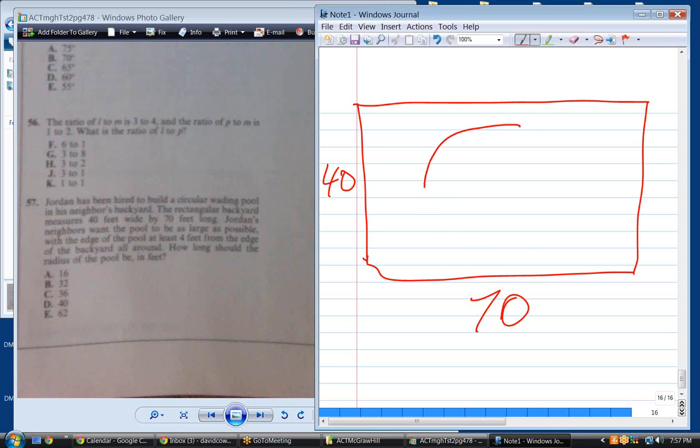So we can put a pool here, and this measurement is going to be 4 feet, right? Am I interpreting that right? I think so. The edge of the pool at least 4 feet from the edge of the backyard. How long should the radius of the pool be in feet?